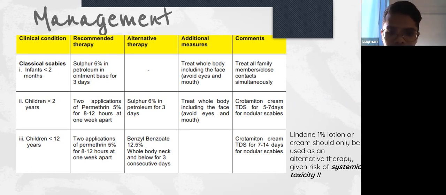For alternative therapy, you can use benzyl benzoate 12.5% applied to the whole body, neck and below, for 3 consecutive days. Lindane 1% lotion is also available, but it should be used only as an alternative therapy given its risk of systemic toxicity.